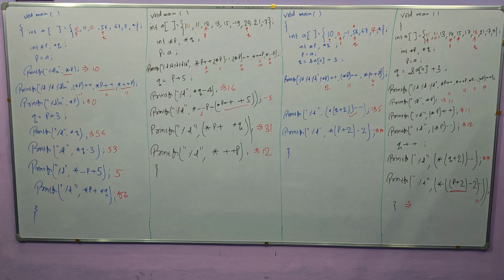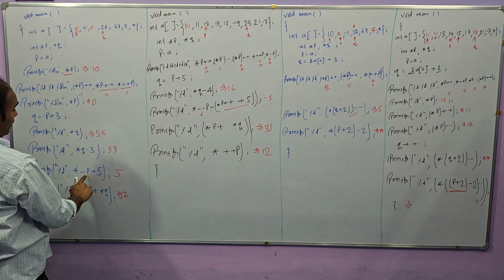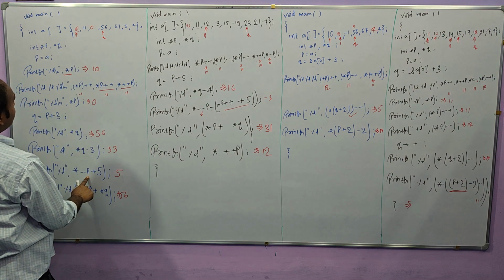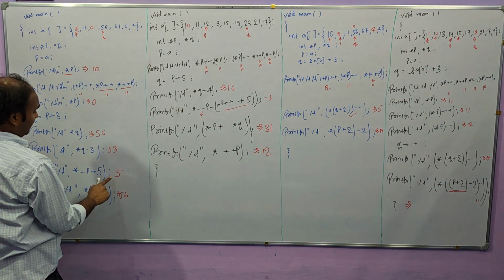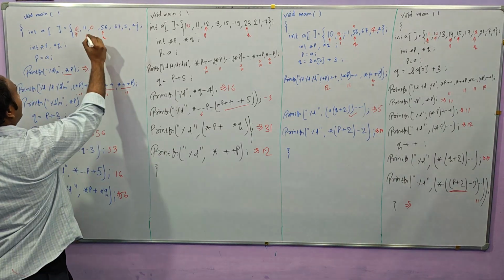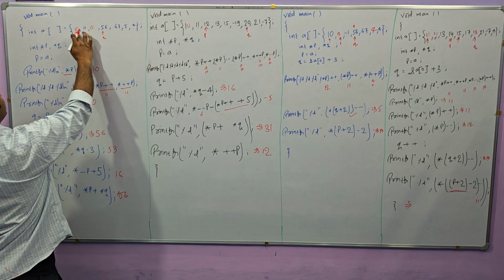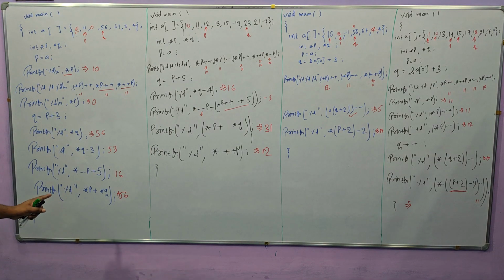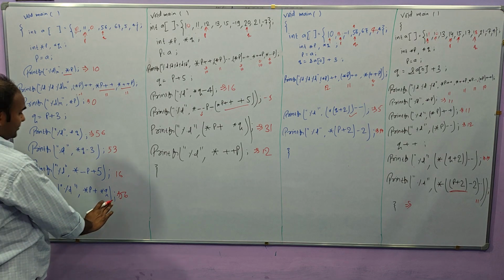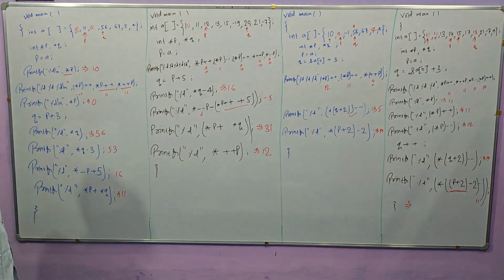0 plus. Now when we solve it, it becomes 11 plus 5, that becomes 16. Now pointing to 11, p, and the value of p is 11 plus *q.